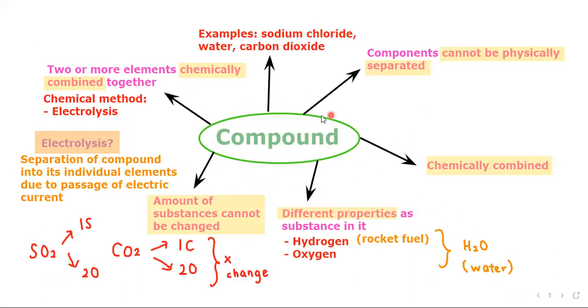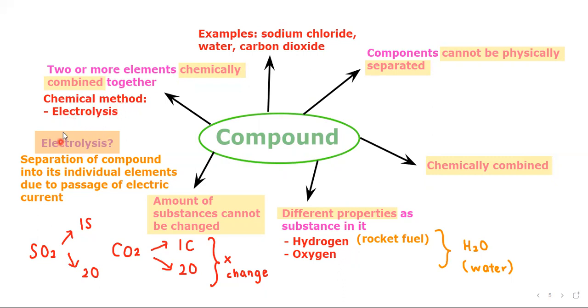Going to compound. So what is so different about a compound? Okay. A compound is made up of 2 or more elements which are chemically combined together. So what does chemically combined mean? It means the elements in the compound can be separated by using a chemical method. This chemical method is electrolysis.